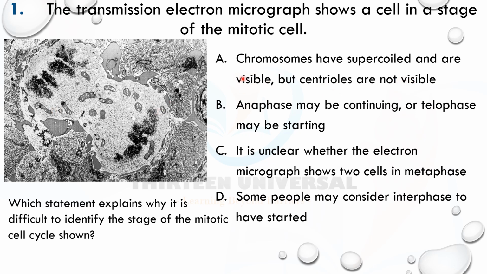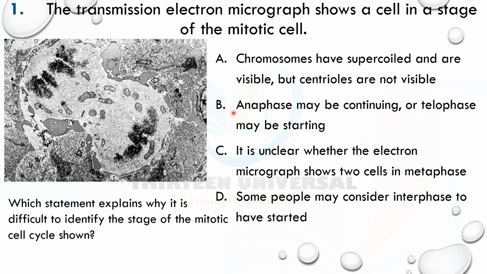The supercoiling is in prophase, when chromosomes or chromatin coil up, or condense. This is not prophase, because we can see clearly that they have separated, so that is not why it is difficult to identify.